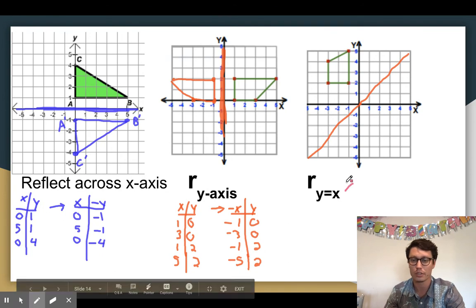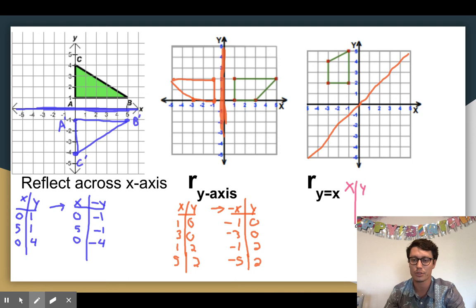So we're going to rewrite our t-charts. Our regular original xy numbers change to yx now. All right, so all we're doing is flipping the numbers, but let's find out what the coordinates are first.